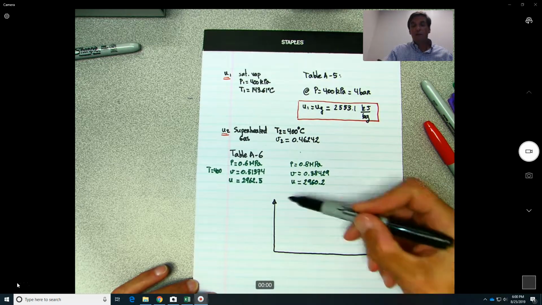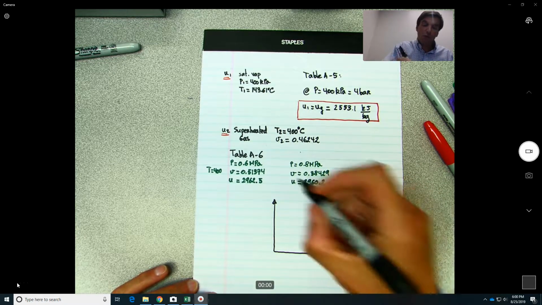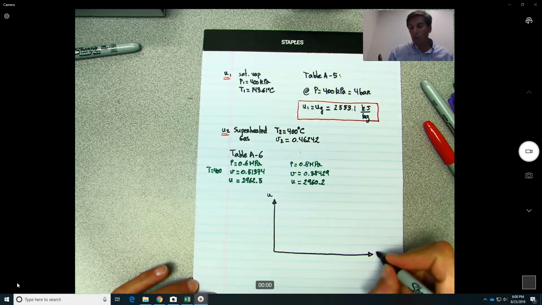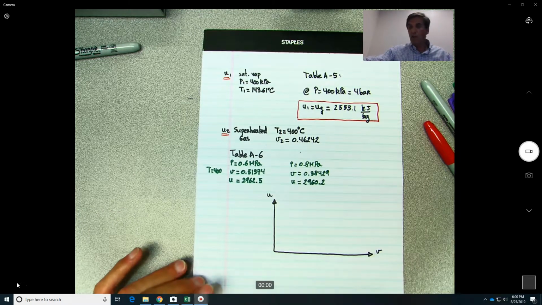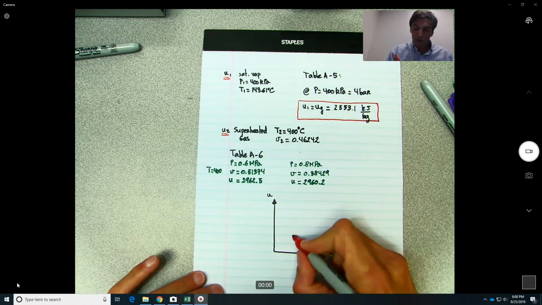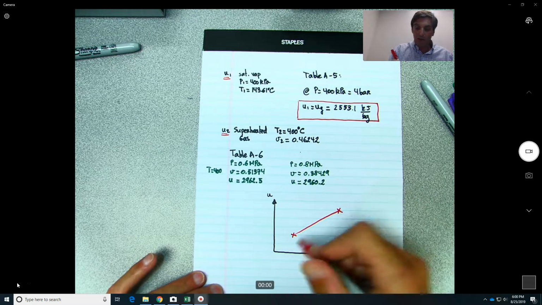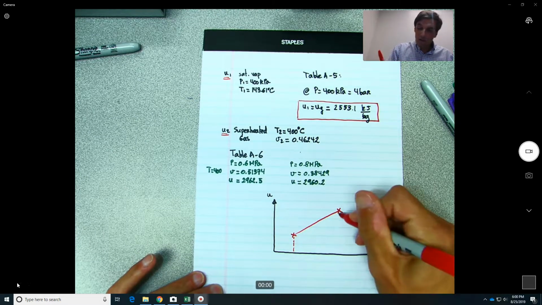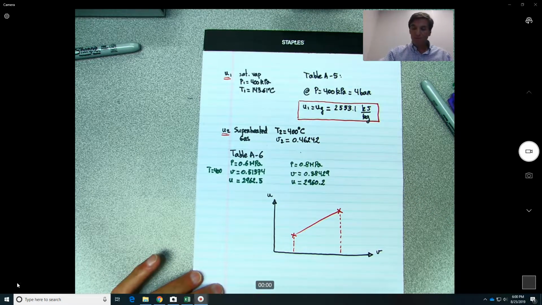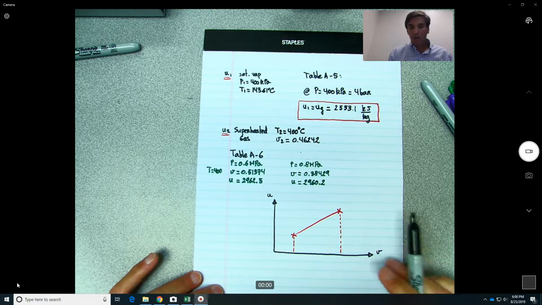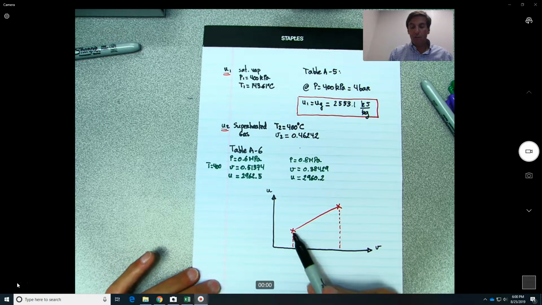So if I do a figure, what we're trying to find is always on the y-axis, so put U over here, and what we know here is the V. And we do a linear interpolation, so we're always going to have some type of straight line. Okay, what I need to find out is what do we put on each one. It doesn't matter from where you start, but let's go from lower to higher.